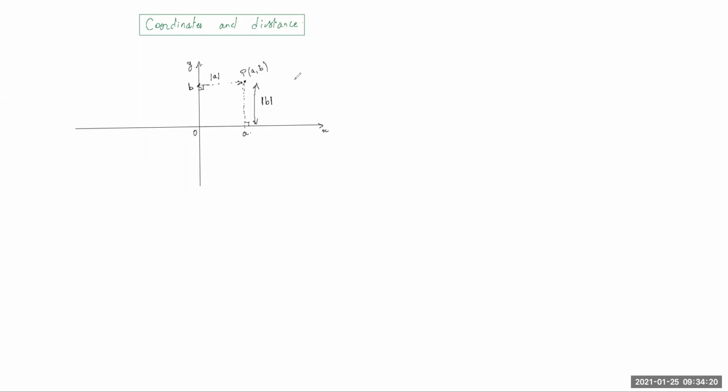This is the first quadrant, this is the second, this is the third one, and this is the fourth quadrant.